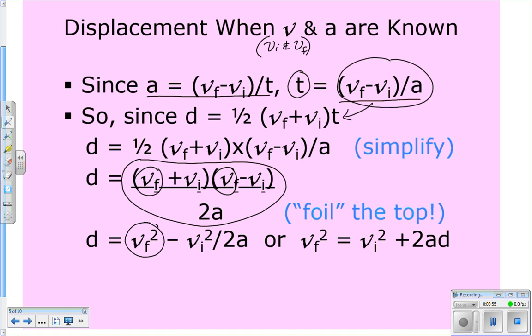Here we have a plus VI times VF and over here we have a minus VI times VF. Those would cancel each other out. And then we have plus VI times negative VI, which would be essentially minus VI squared. And it's still all divided by 2a. So, let me get rid of these circles.